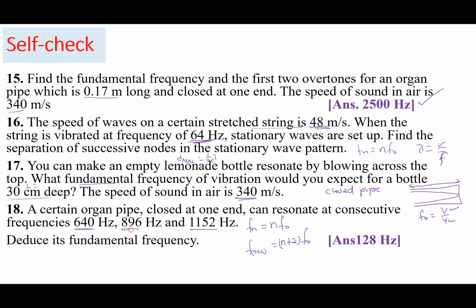So I will use the first two. If the first one is equal to 640, and the second one is equal to 896, so I'll just substitute and subtract them. So I'll say 896 minus 640 is equal to n plus 2 times F0 minus n times F0, which cancels out, so I remain with twice F0. So I'll say 896 minus 640 divided by 2, which makes this correct. I think we have done this question earlier on.